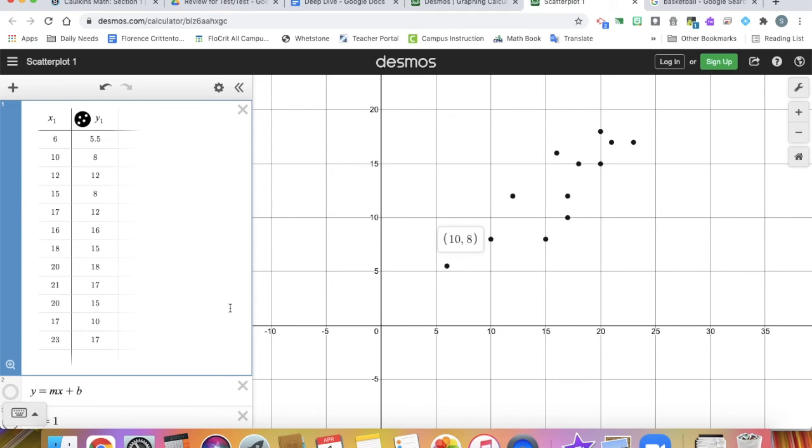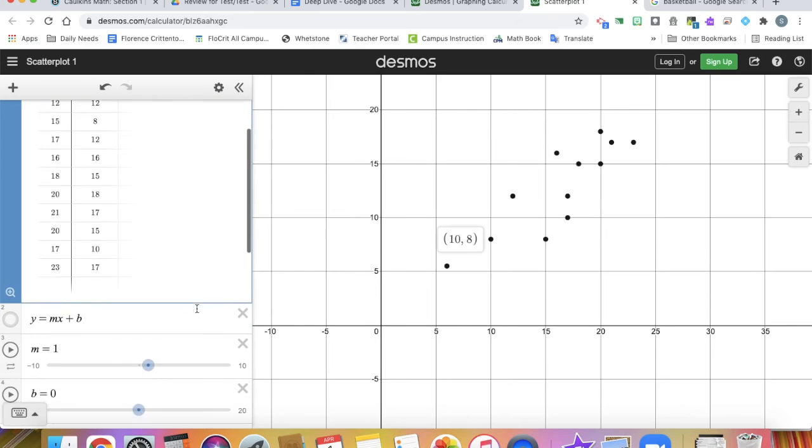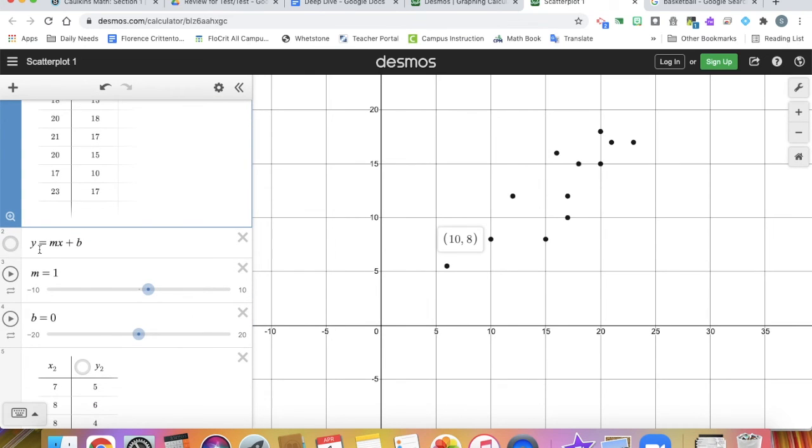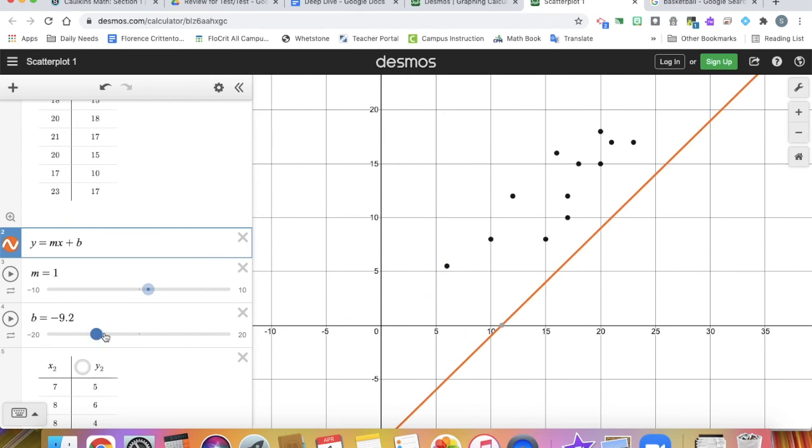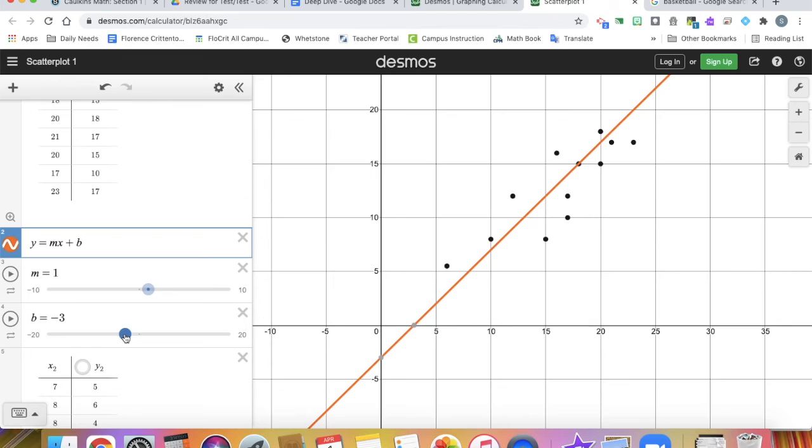So the cool thing about using Desmos, which you're not allowed to use on the test, but I can use it to show you, is if you do a y equals mx plus b and then add a slider for m and a slider for b, you can take this line and move it around. So I can move it up or down to try to get it in the middle of the points.